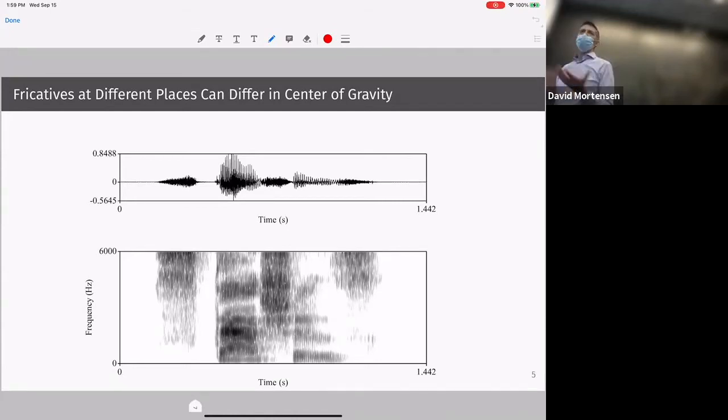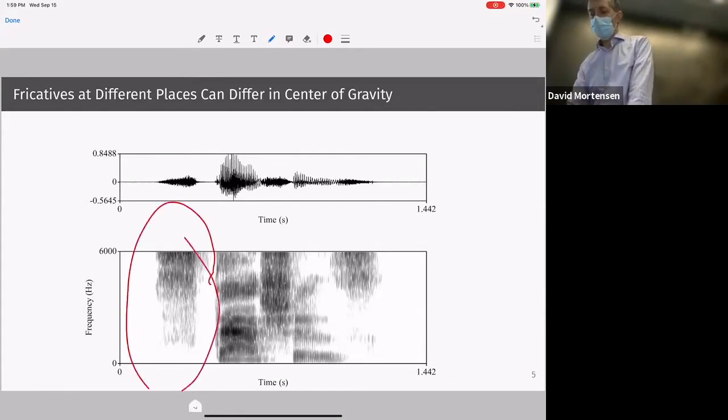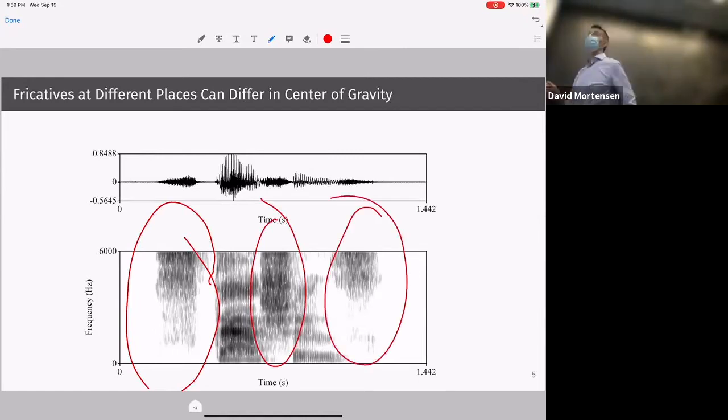Noise. What kind of noise? Aperiodic noise. A fricative is just aperiodic noise. So if you look at different spots in the spectrogram, like here and here and here, you just see this messiness. And that messiness is what a fricative looks like.